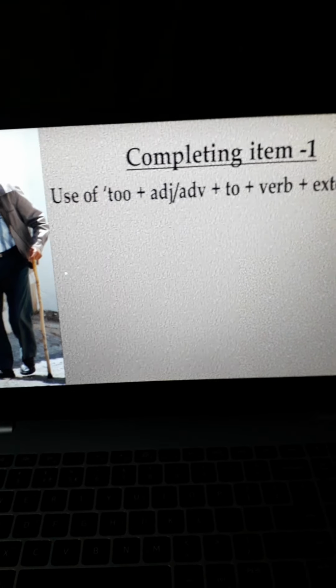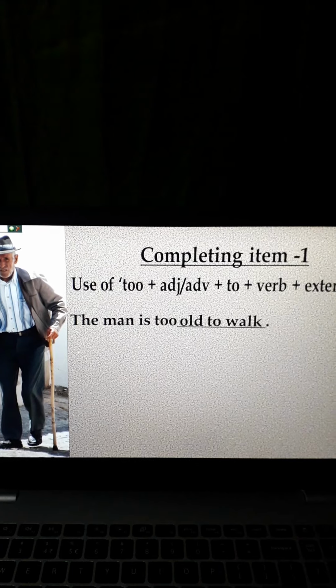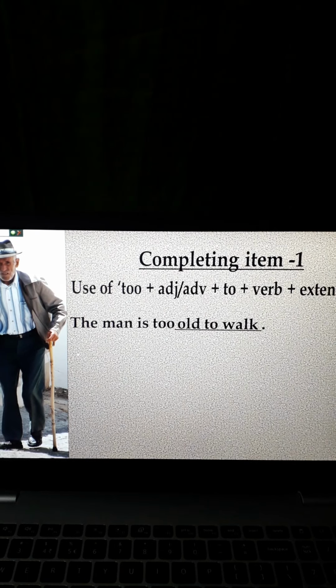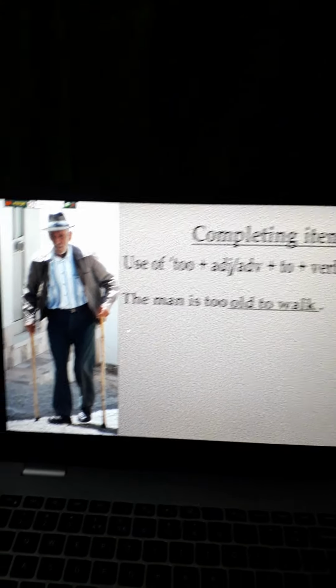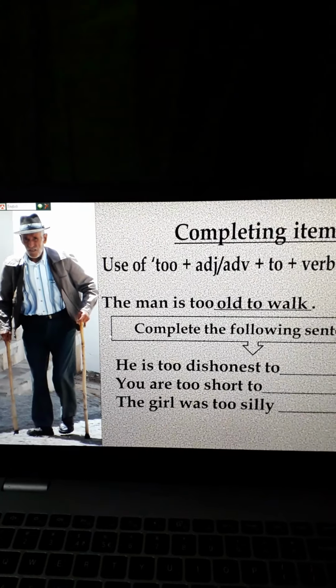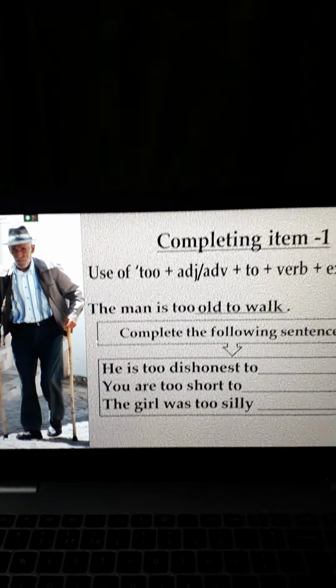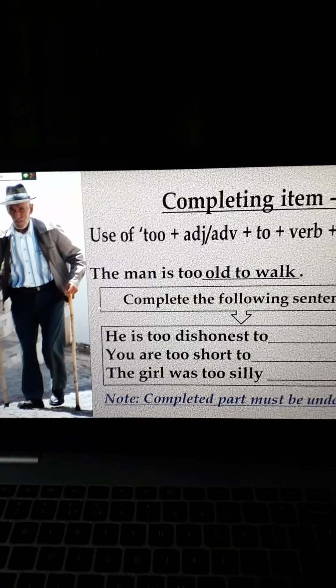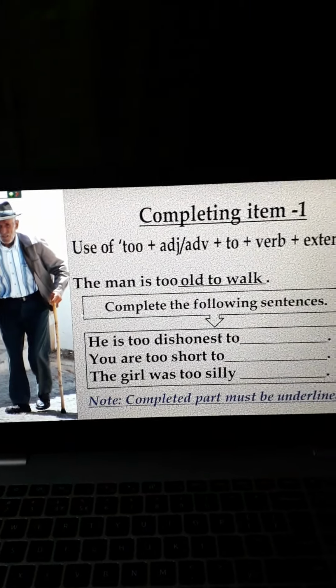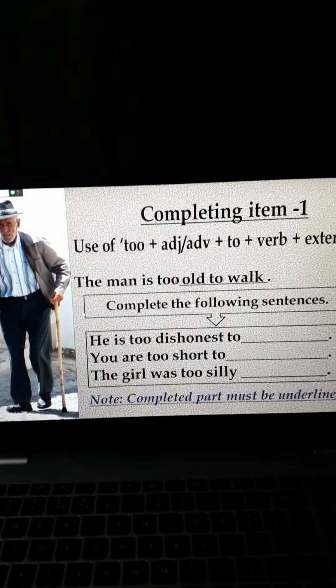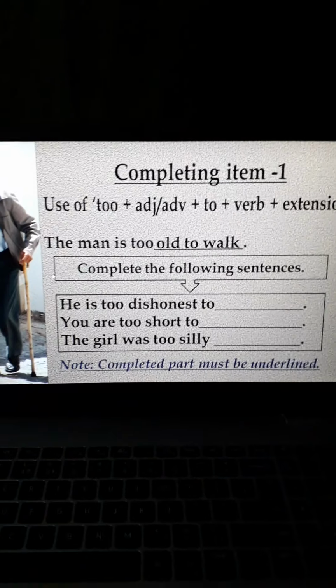The man is dash to walk. Here you can use old to walk. The structure is adjective or adverb plus to plus verb plus extension. Complete the following sentence. This is for your homework. Note: completed part must be underlined.